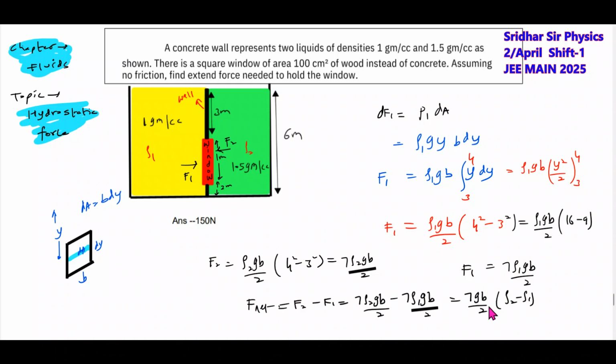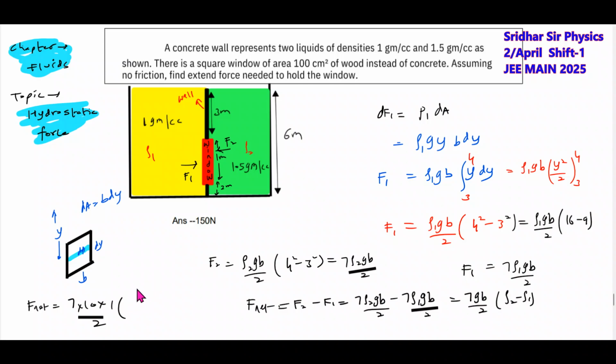Substituting g as 10 meter per second square, everything becomes 7 times 10 times the width times 1 by 2.